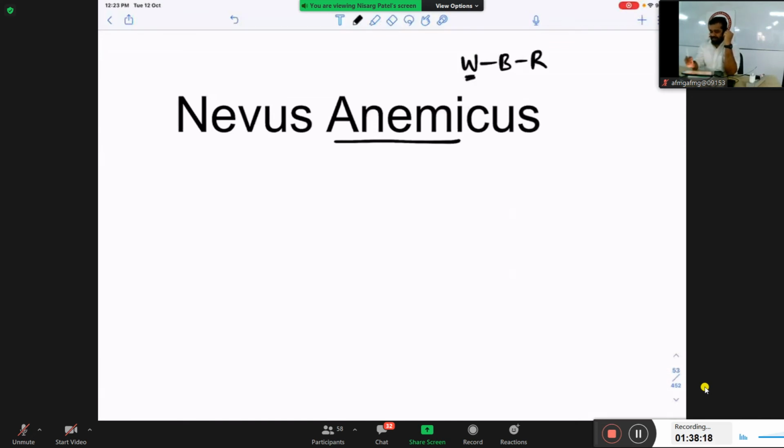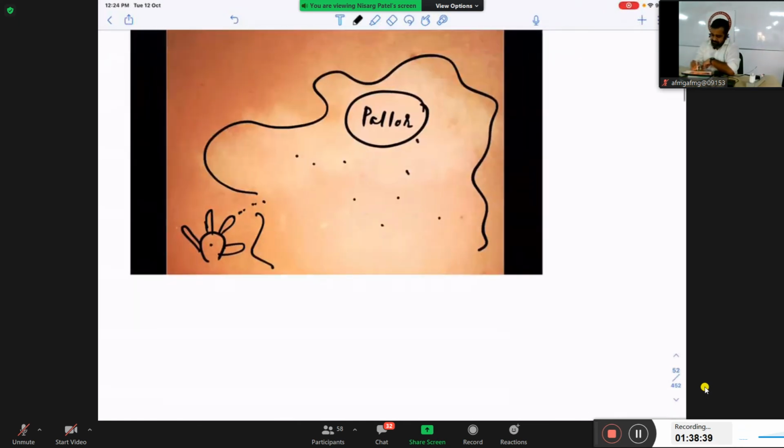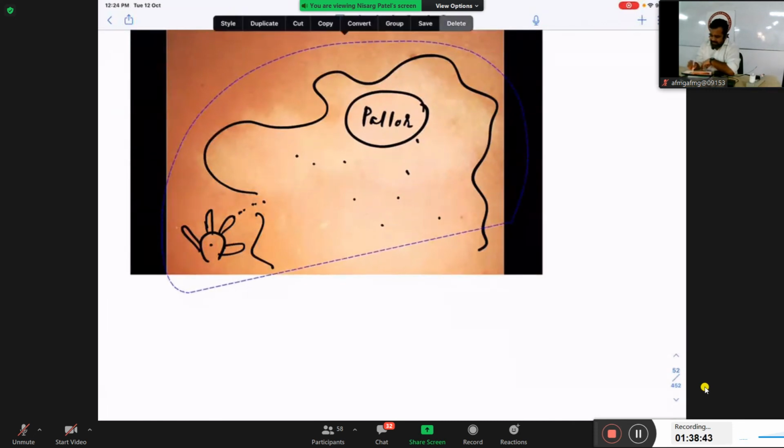So why do they develop white color? Because of the severe vasoconstriction. They have a sensitivity towards the cold, so they develop a severe vasoconstriction, and because of that their hand becomes very pale, whitish. Similarly, in nevus anemicus, they have an underlying skin defect.